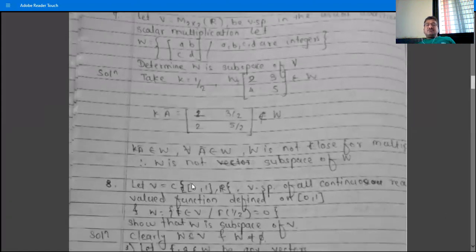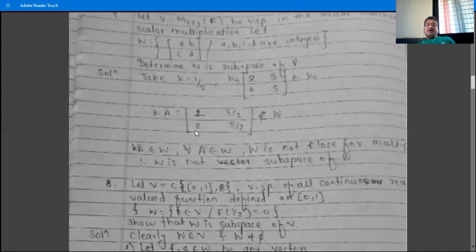So we take a fractional number, for which the condition is not true. Take the value of K and this A, an element of W, in such a way that KA does not belong to W. This is the counter example: the second condition fails for this set, and therefore this set is not a subspace.